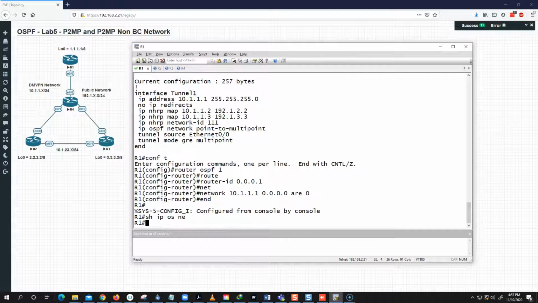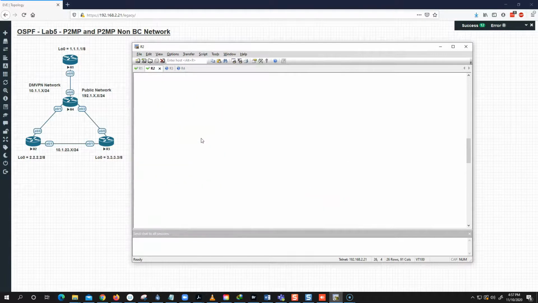So what we have to do is make sure that we have some kind of multicast enabled on our tunnel. Here you can see that we do not have any mapping for multicast in our tunnel configuration.